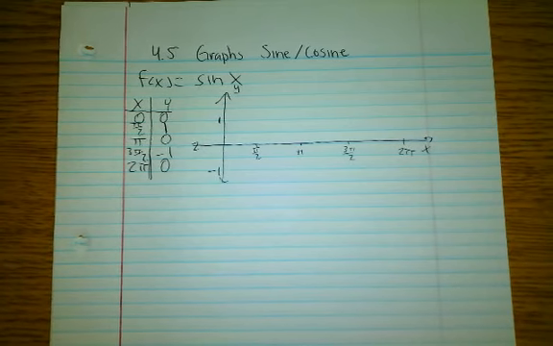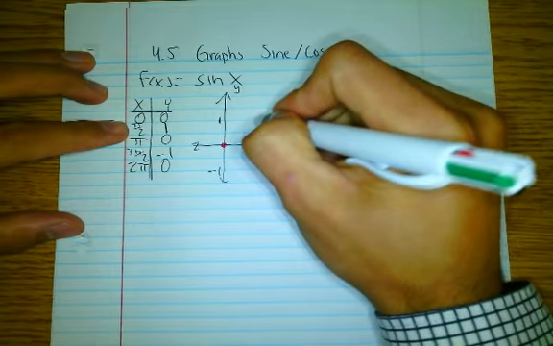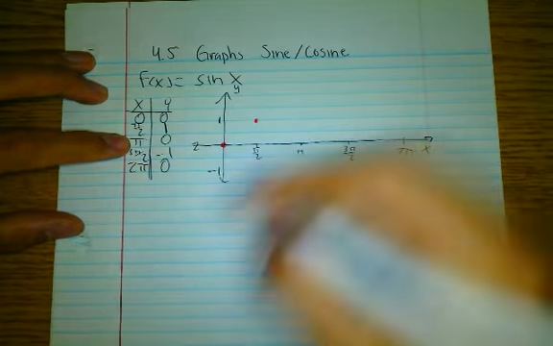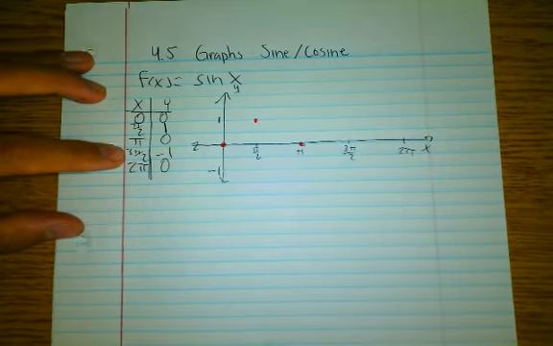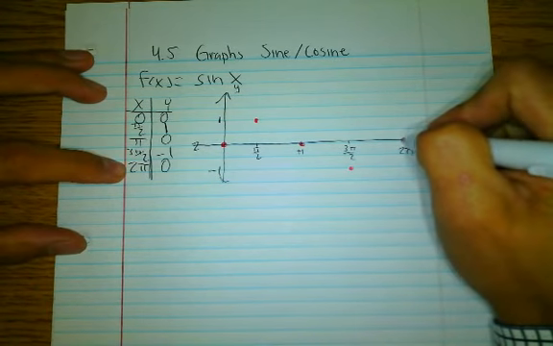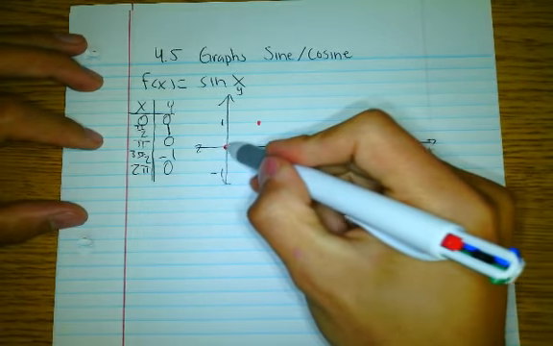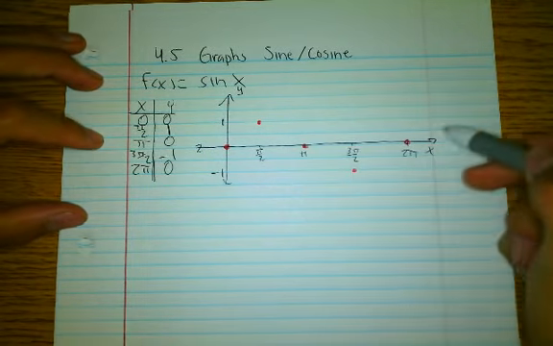Okay. Let's plot the points. So I'm going to use red. So 0, 0. Pi over 2, 1. Pi, 0. 3 pi over 2, negative 1. 2 pi, 0. Now, at that point you're like, well, should I just go straight and then just straight and then straight?